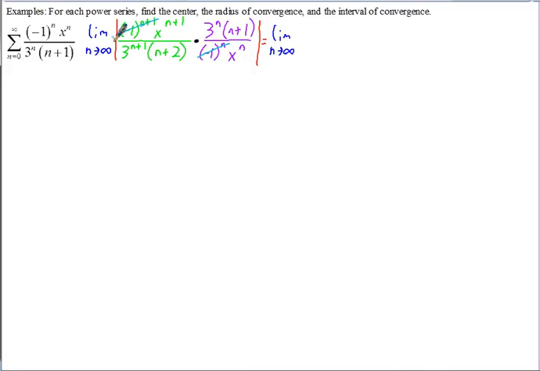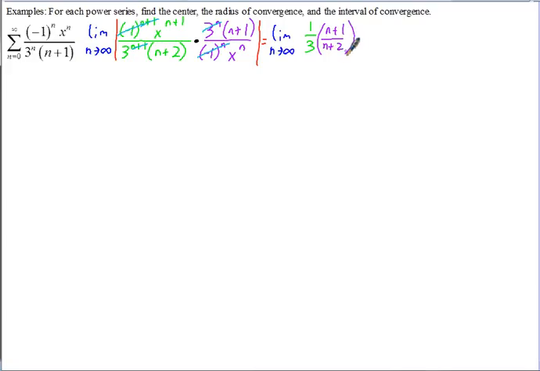And then 3 to the n and 3 to the n plus 1: the n plus 1 is 1 bigger on the denominator, so it's going to leave a 3 on the denominator. And then we have n plus 1 over n plus 2. Those are not going to get affected by the absolute value at all. These are always positive, starting at n equals 0.